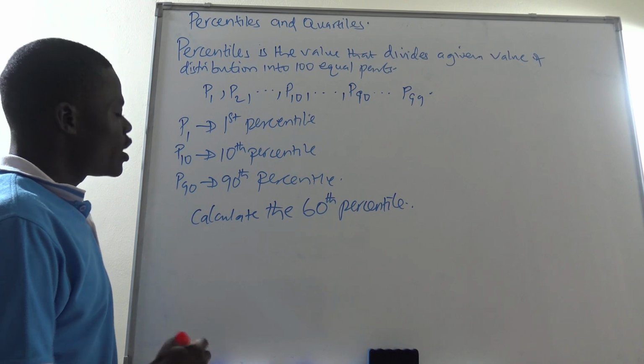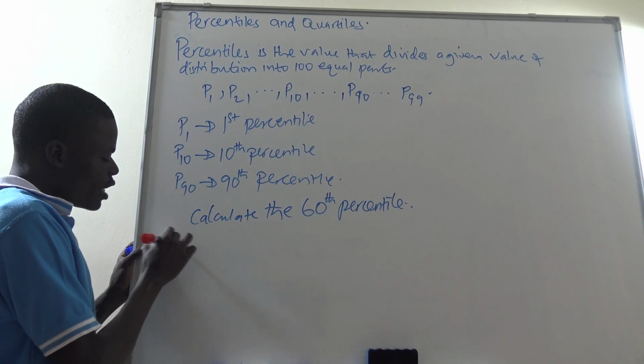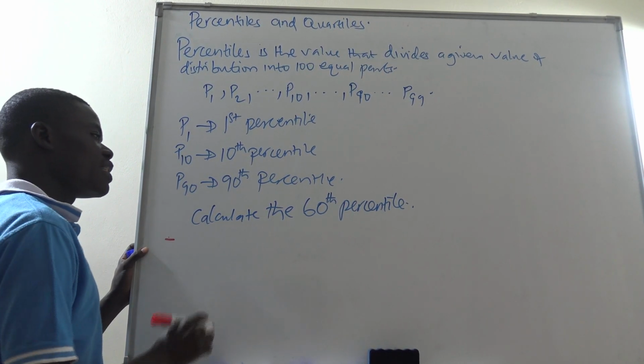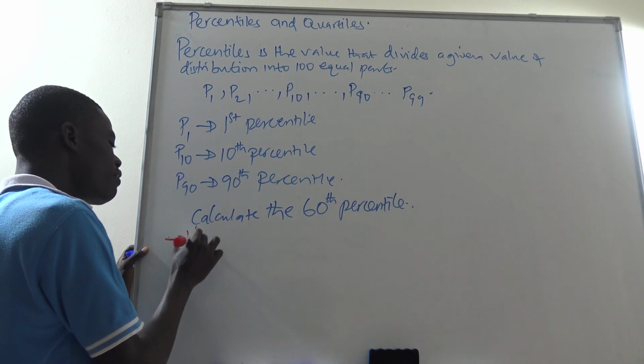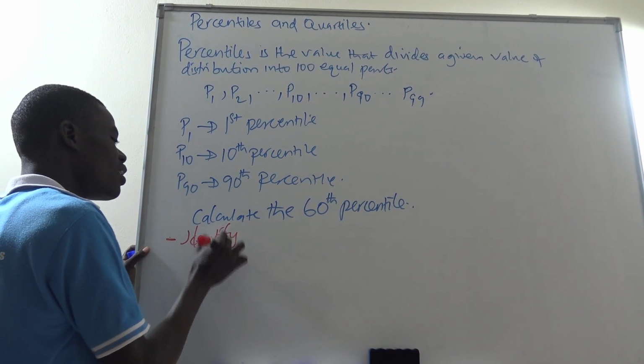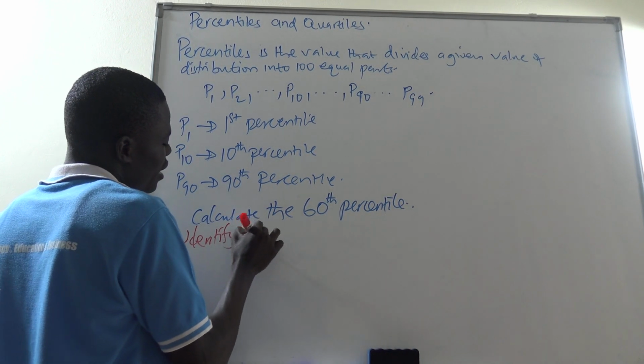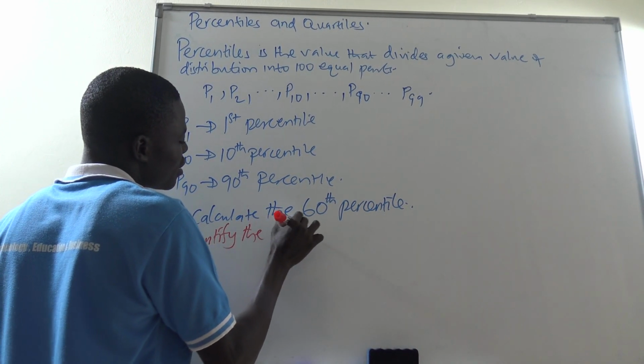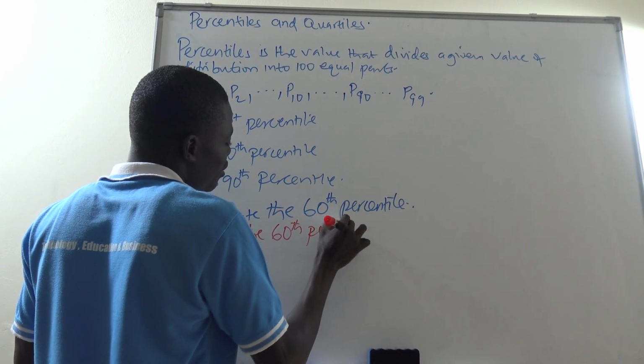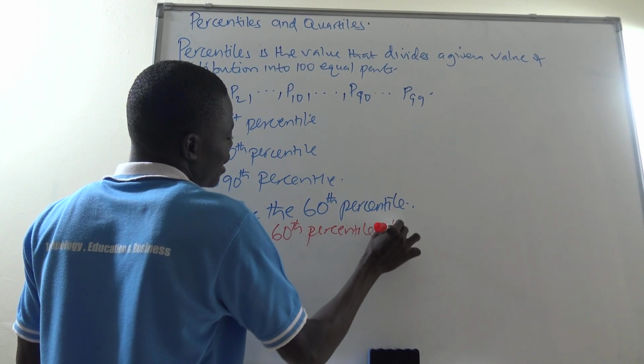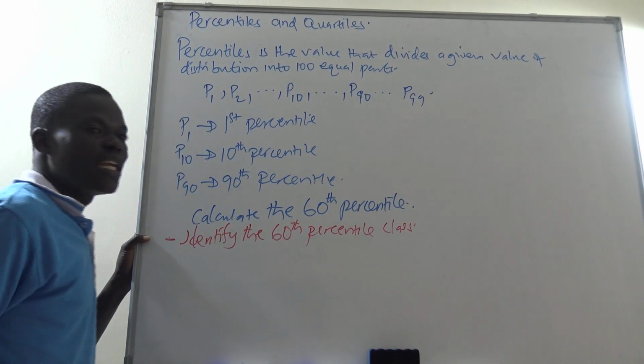The first step when you are calculating the 60th percentile is to identify the 60th percentile class. How do you identify this class?